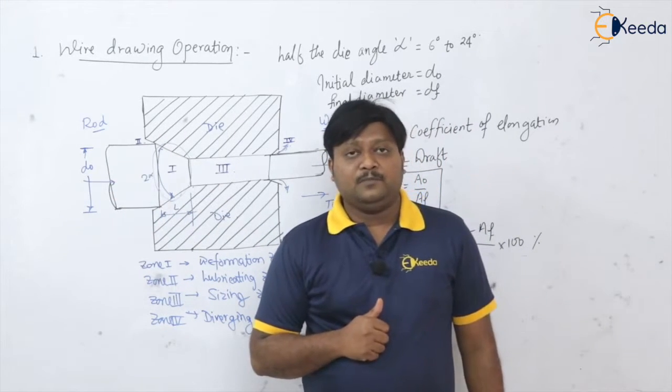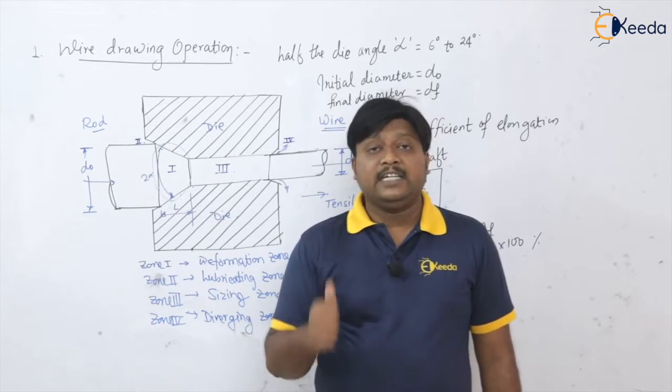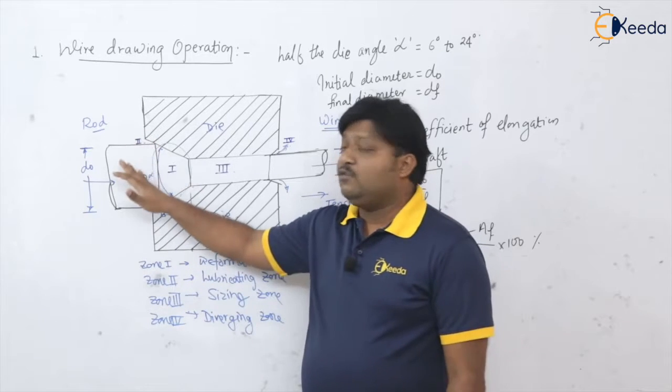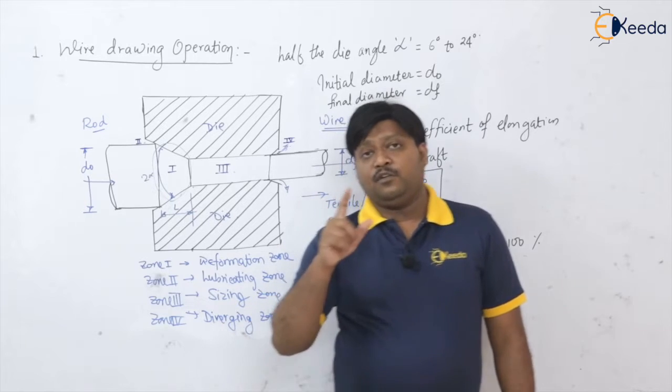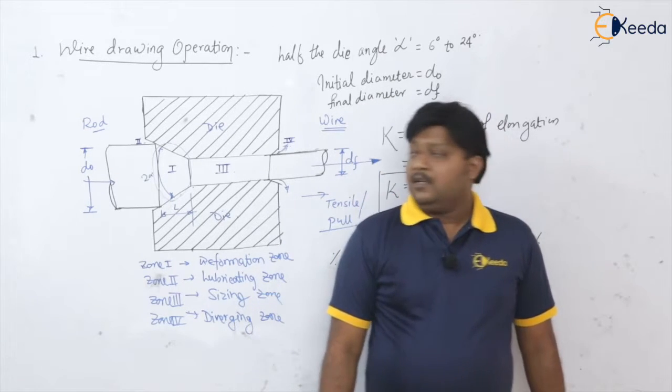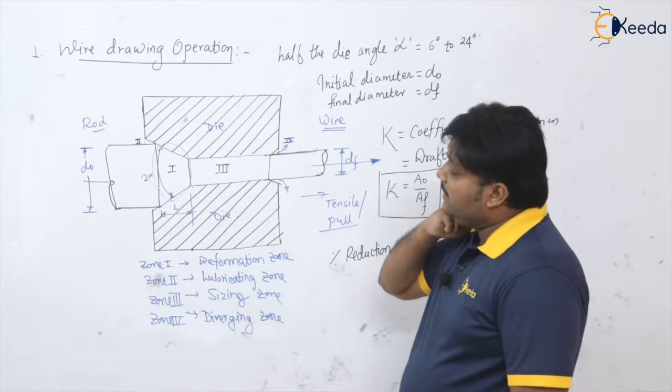So annealing is a must. किसके लिए? To get good ductility in the given material, because ductility is a very important property for the wire drawing operation. Okay, so that is one thing you require here.